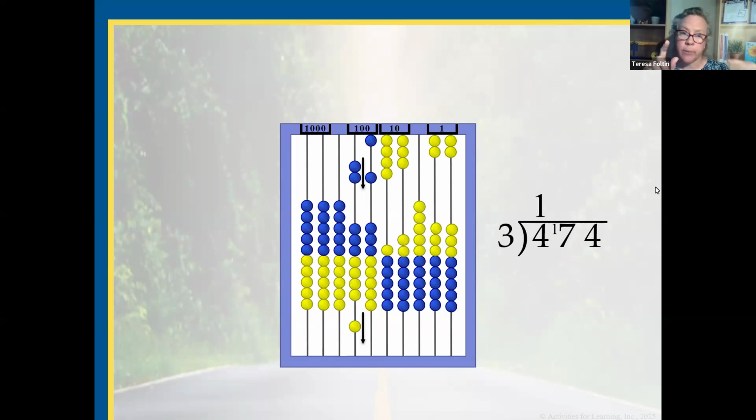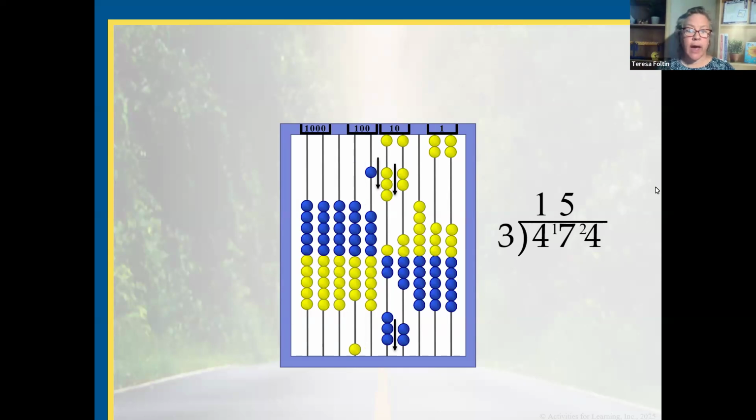Our answer is going to end up at the bottom. Okay. And the 1 bead that's left over, the 1 blue bead that's left over in the hundreds place, that's the remainder of 100. And notice that I write a 1 above the 4 in the hundreds position, and then a little 1 next to the 7. That represents that remainder of 100, that blue bead that I left behind at the top. Okay.